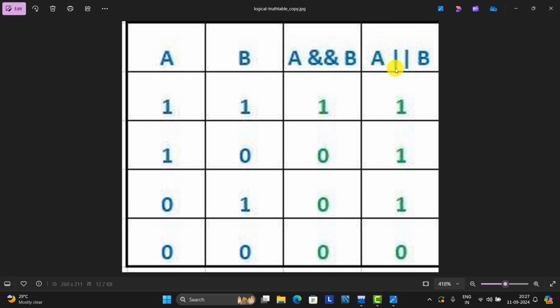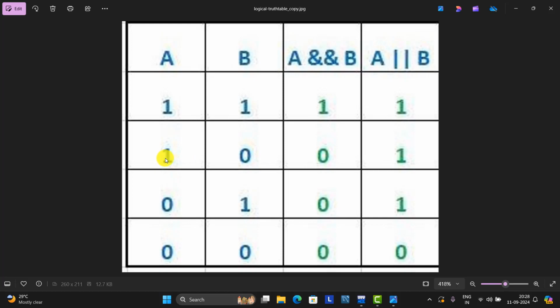When it comes to logical OR, it is a binary operator. It requires two operands as input. It will return true if any one of the operands is true. It will return false only when both operands are 0. So if A is 1 and B is 1, the logical OR between A and B is 1. If A is 1 and B is 0, as per the definition, if any one operand is true, the result is true in logical OR.